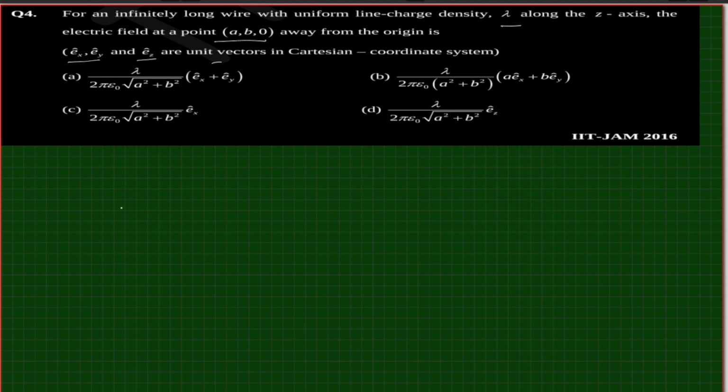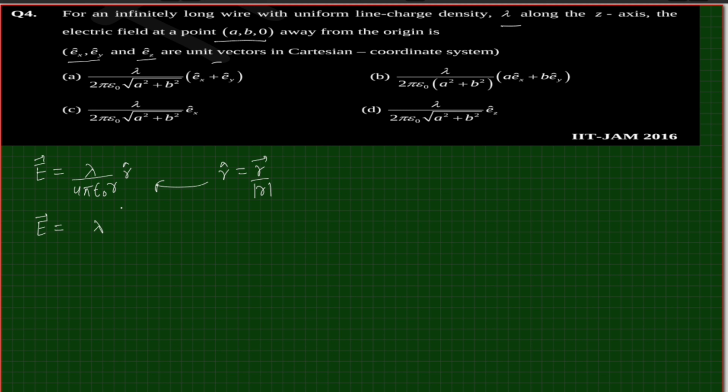So first of all, we should know the formula for the electric field for an infinitely long wire, that is given by lambda divided by 4 pi epsilon naught r and r cap. Okay, and r cap is r vector divided by mod r.